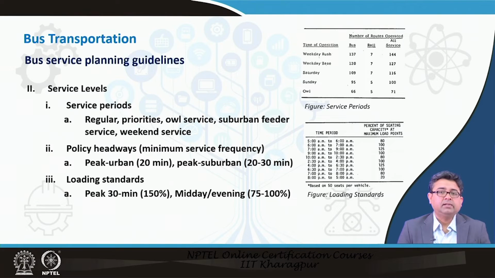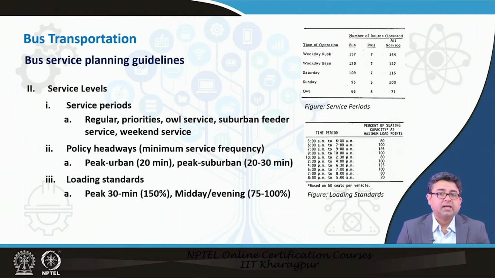It is usually recommended that for peak urban period, no more than 20 minutes between buses. That seems to be very high anyhow in our case, but this is for one particular bus line or one particular bus route. Now, an arterial or a collector may have multiple bus routes, and so it may seem that the frequency of the buses is very high, but this is talking about one particular line. Then you have to plan for loading standards.